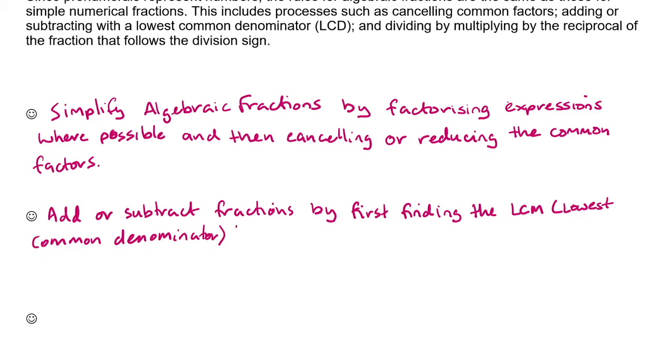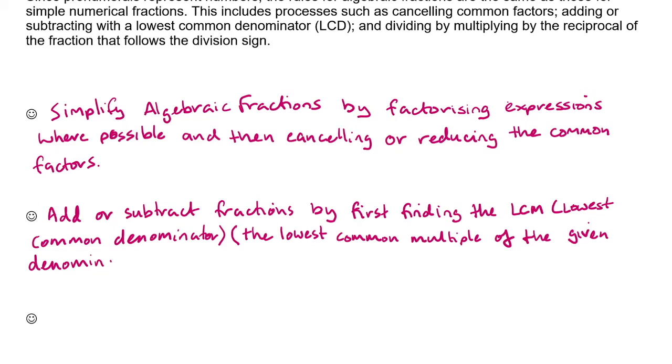And I'll put that in an extra bracket. That may be one of the denominators. It may not be one of the denominators. The denominators being the number at the bottom of your fraction.